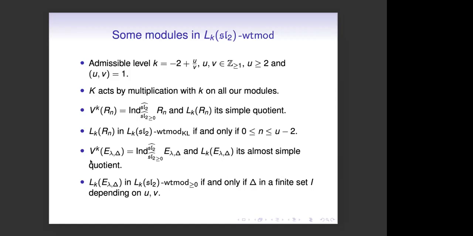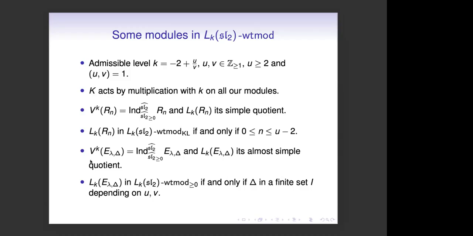Whether the simple quotient of the induced module, or I should better say almost simple quotient, is a module of the VOA depends very much on your choice of Casimir eigenvalue, and it turns out there's only a finite set of Casimir eigenvalues labeled by Virasoro minimal model indices, such that the induction in this sense is a simple module for the affine VOA.